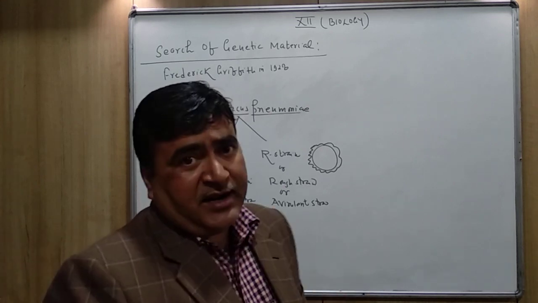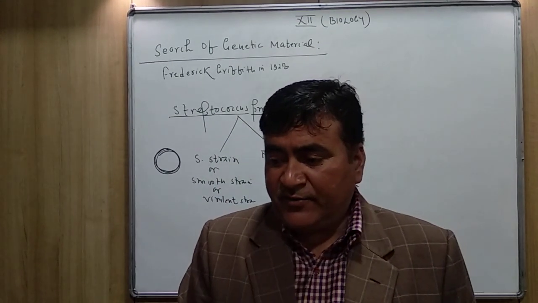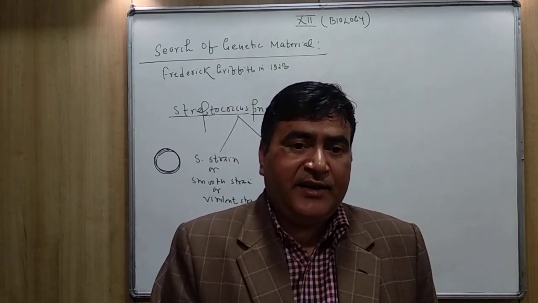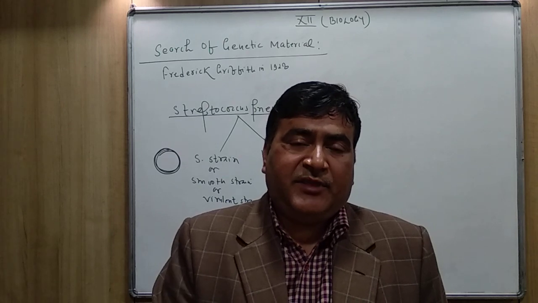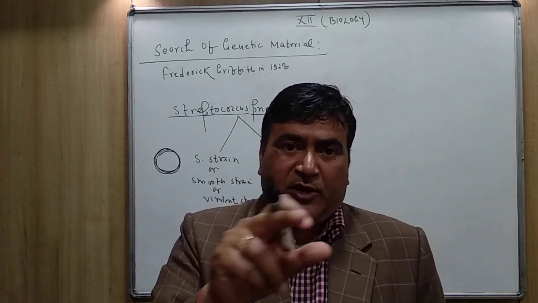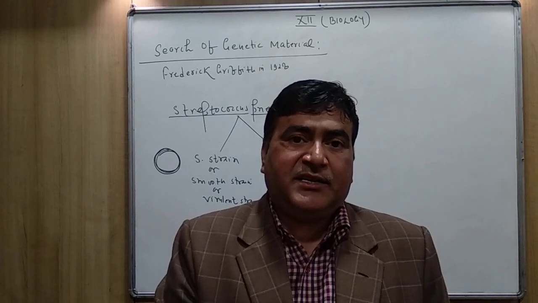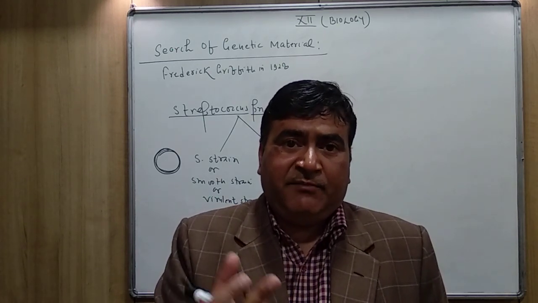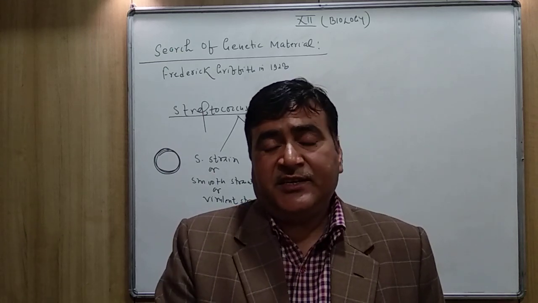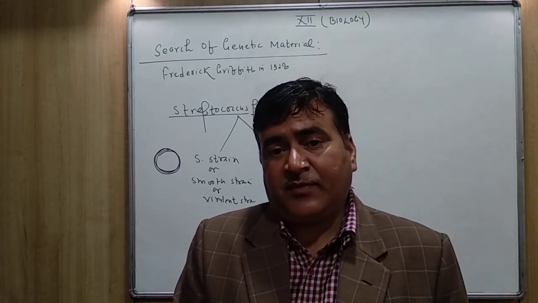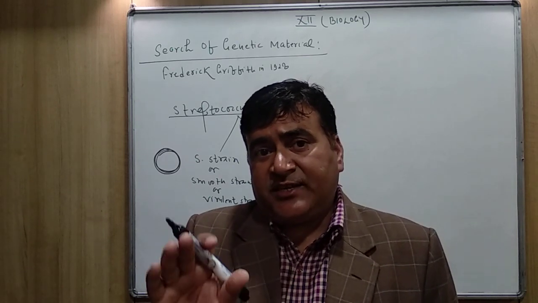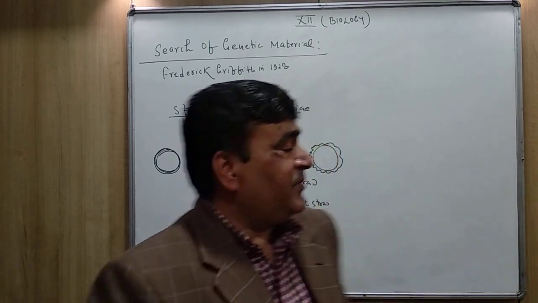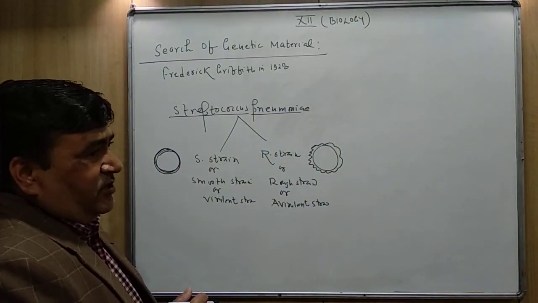So the smooth and rough appearance is due to the presence of the mucopolysaccharide. If this layer is present, the bacterium is said to be the S strain, and if this layer is absent, the strain is said to be the R strain. So these two strains, S and R, are there in this bacterium, Streptococcus pneumoniae.